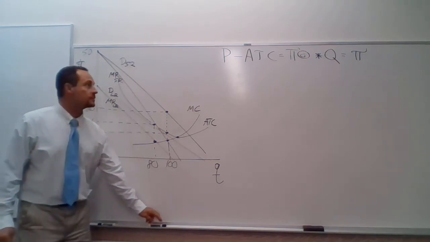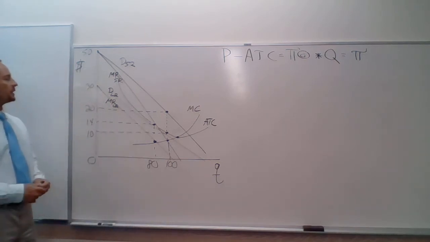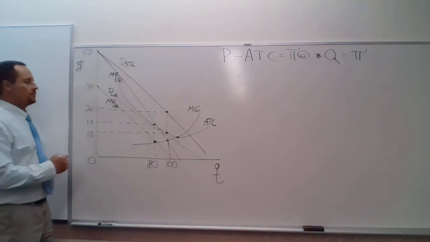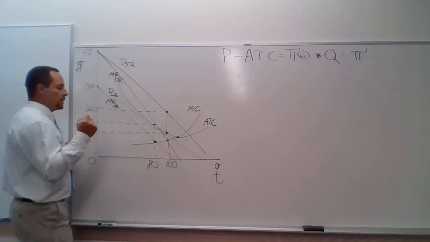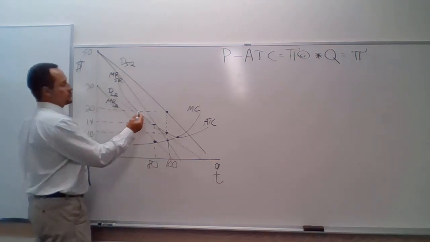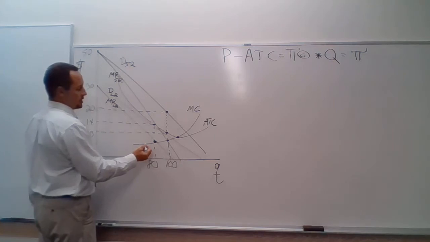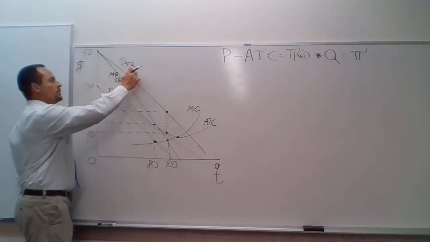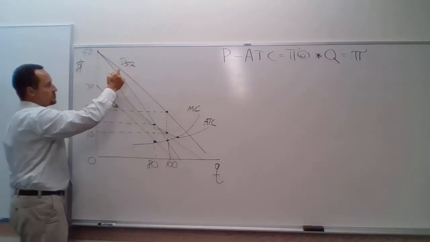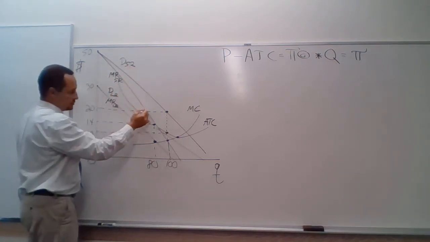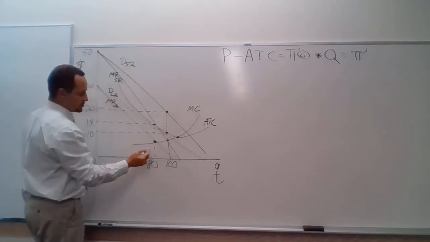In the beginning, as with any case, any company will make units so long as another unit's marginal revenue is greater than its marginal cost. So if we begin with the immediate or short run demand curve, here's its marginal revenue curve in the short run. Marginal revenue, marginal cost.